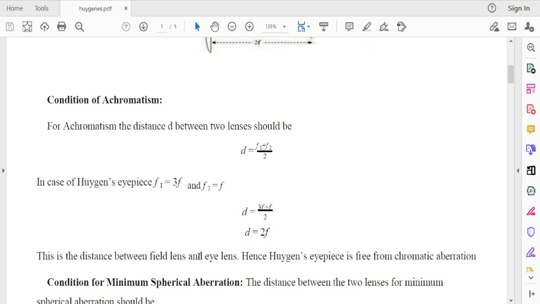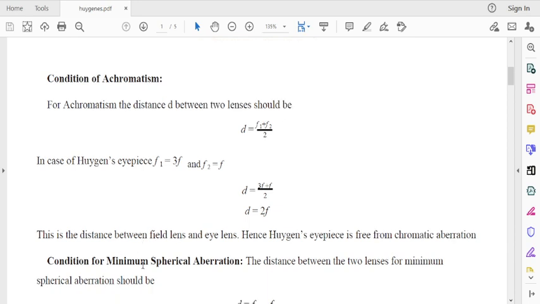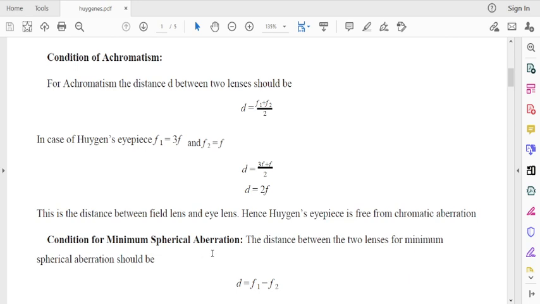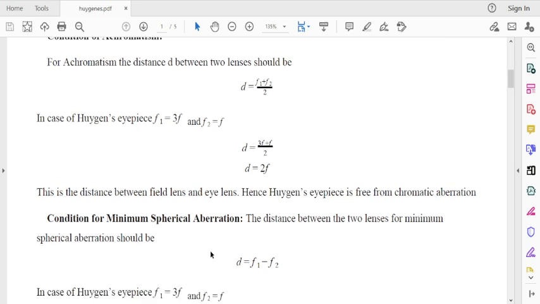Now another condition, due to which it has minimum spherical aberration: the distance between the two lenses for minimum spherical aberration is D equals F1 minus F2.